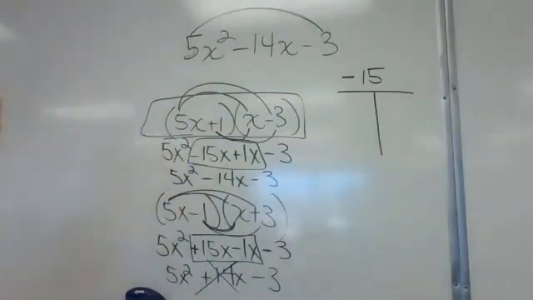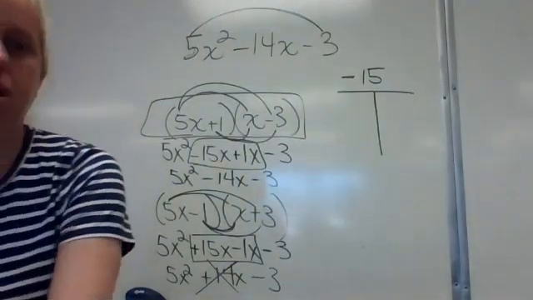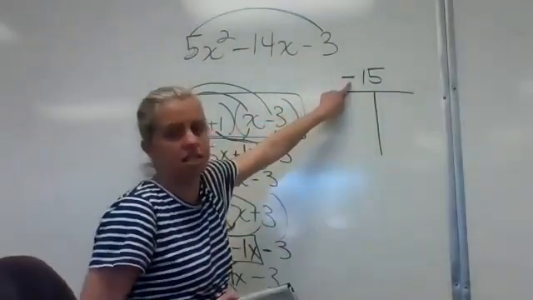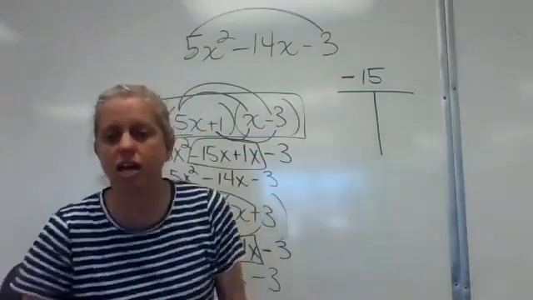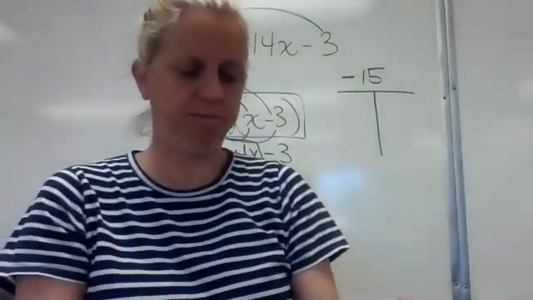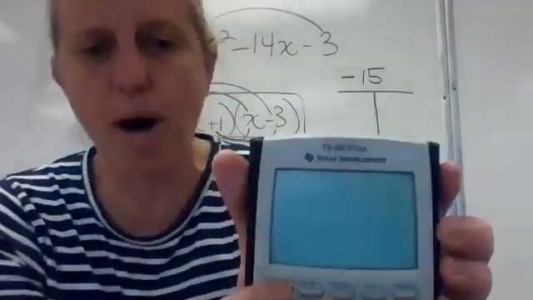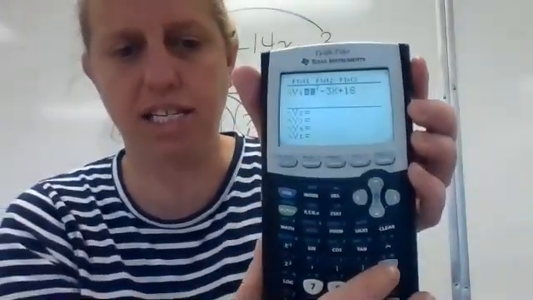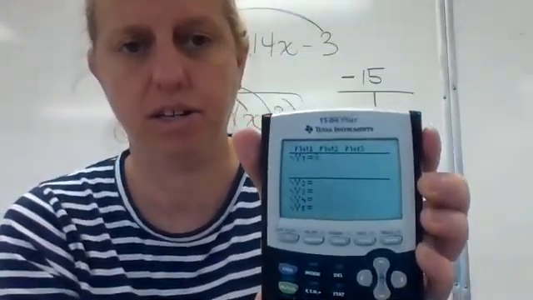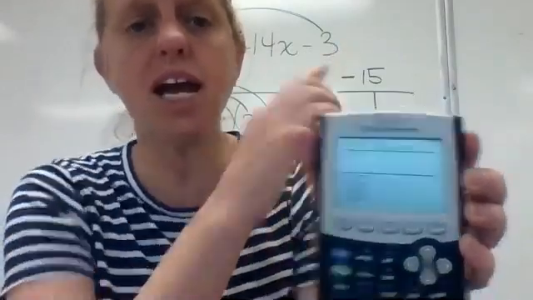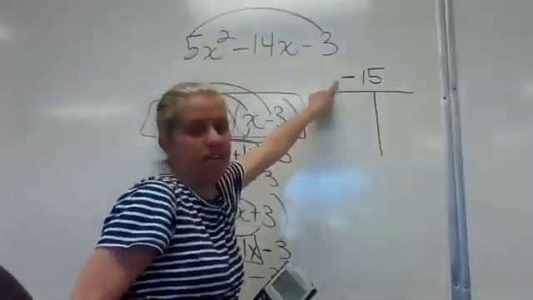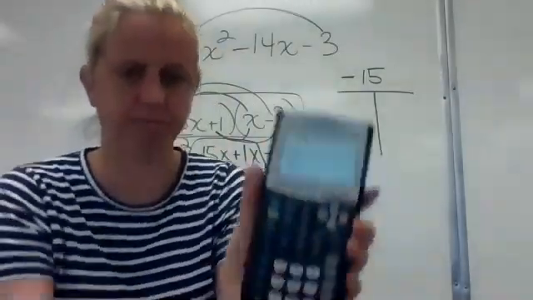Now, remember the calculator trick that I told you. Whatever this number is, you can go to your calculator, hit the Y equals button, and clear out anything that's in there. Put in this number, -15.